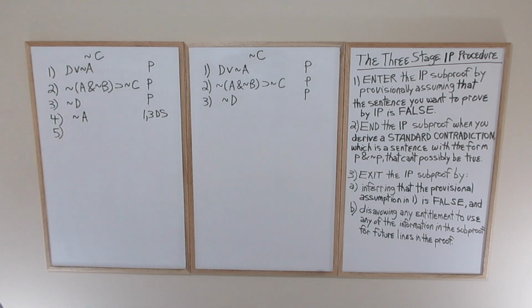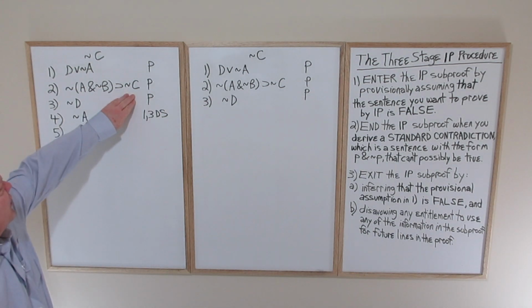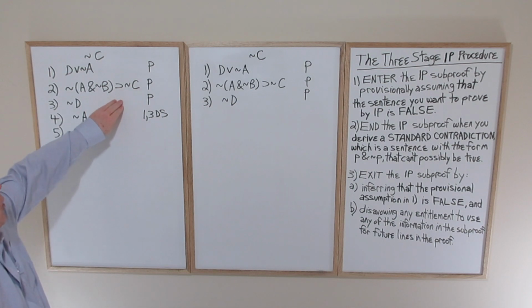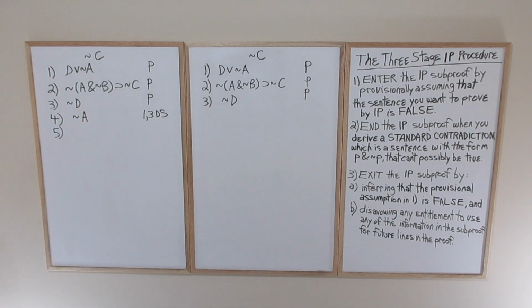Now, and this is the part of the proof that requires some familiarity with the rules, we've got tilde C as the consequent of a conditional, so all we need to do is get the antecedent, then we can derive tilde C by modus ponens. The antecedent is the negated conjunction, tilde, and then in brackets, A and tilde B. We've got tilde A, so we have to do a strategic addition step.